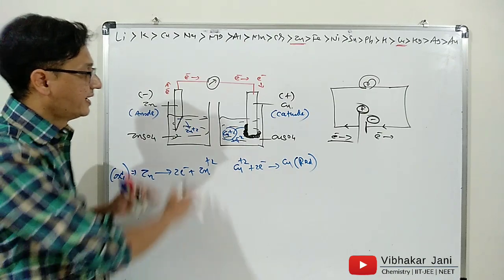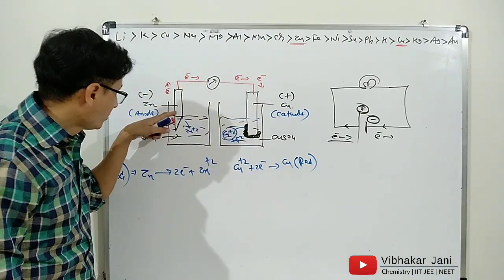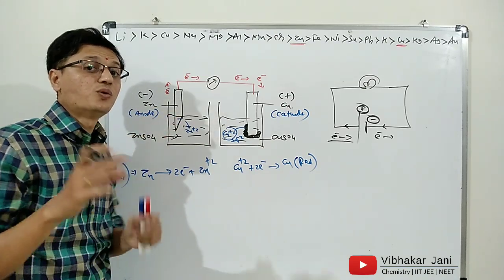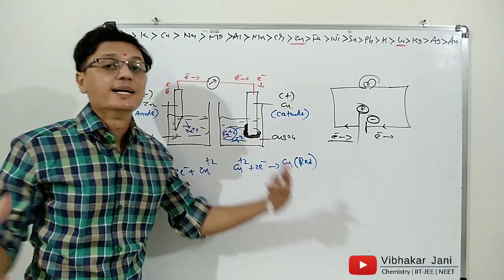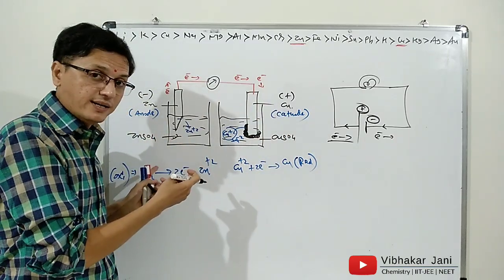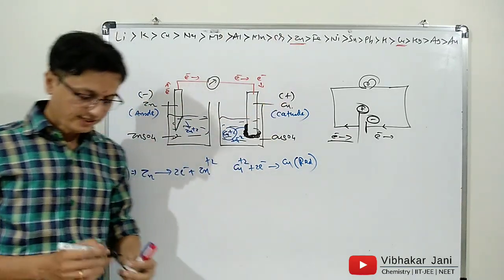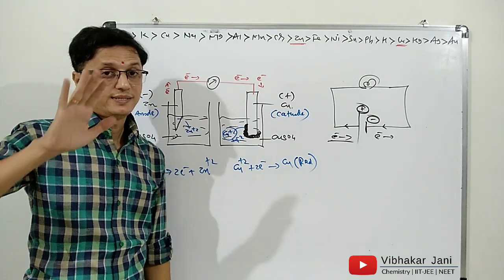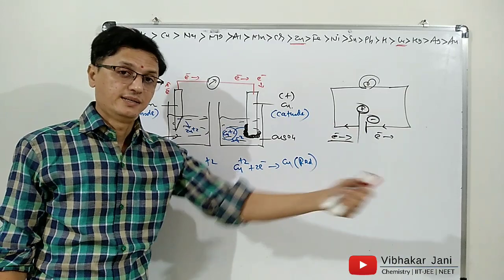That means in any electrochemical or electrolytic cell, the anode is always eroded. The mass of the anode always decreases, and the mass of the cathode always increases. Whether it be the Daniell cell, which is an electrochemical cell, or any electrolytic cell, always remember the mass of the anode always decreases and the mass of the cathode always increases.